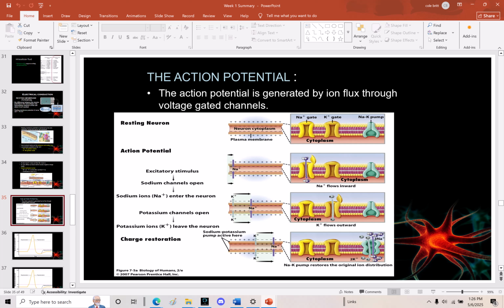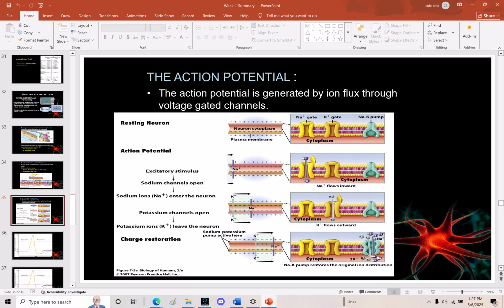That's where a lot of, especially electrical currents, peak and are able to then open up channels. Okay, action potential, excitatory stimulus, and this is going to be voltage gated.